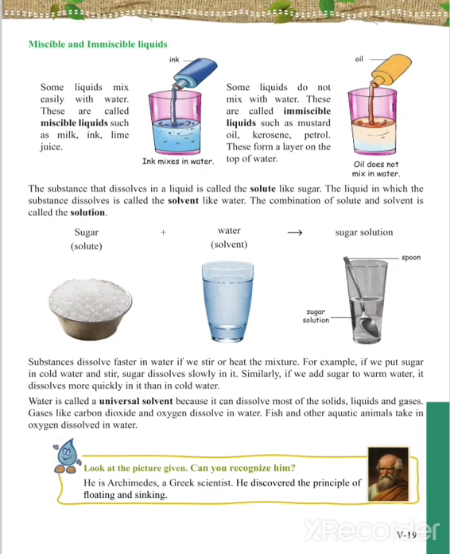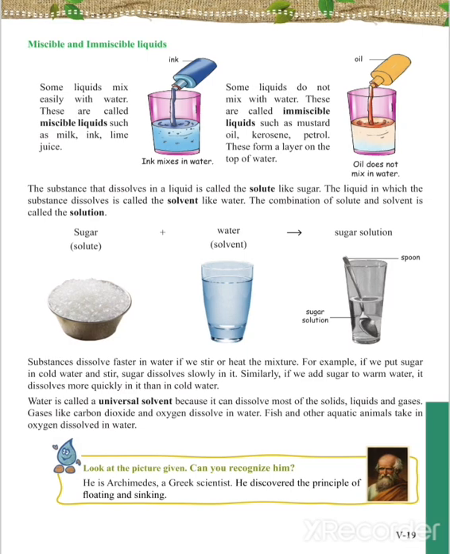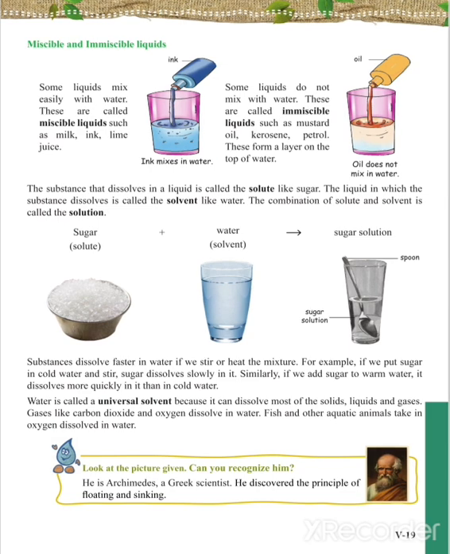Now, substances dissolve faster in water if we stir or heat the mixture. For example, if we put sugar in cold water and mix, the sugar takes more time to dissolve. It dissolves slowly.